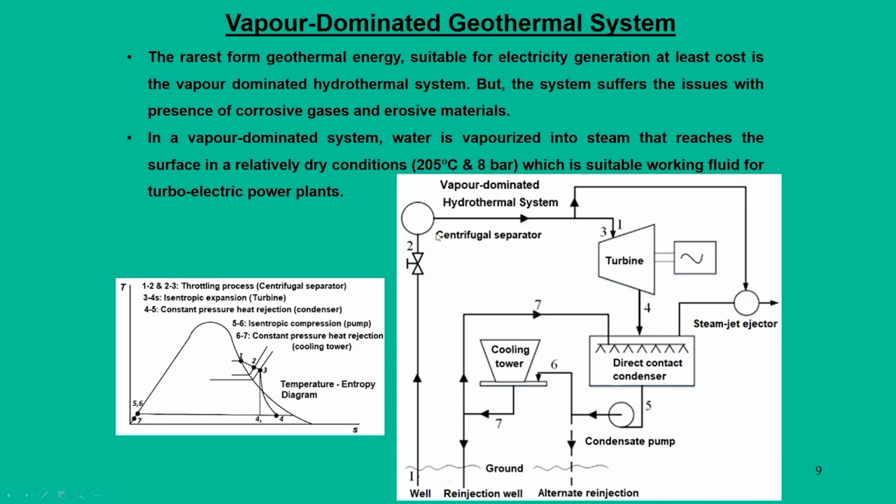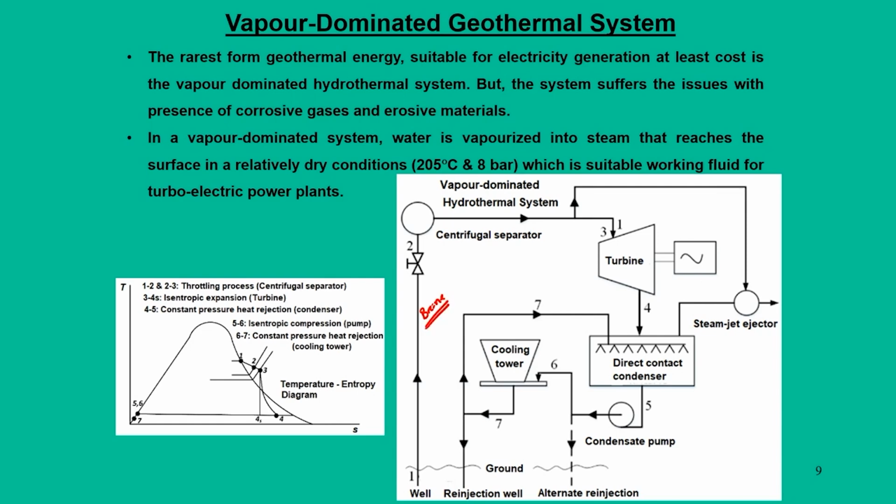Refer to this thermodynamic circuit. What this circuit represents is a vapor dominated hydrothermal system. We have dug a well on the earth surface, entering into the earth crust, and through this well we extract the fluid, which is typically brine.